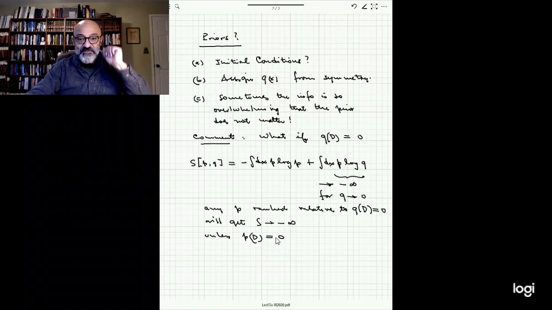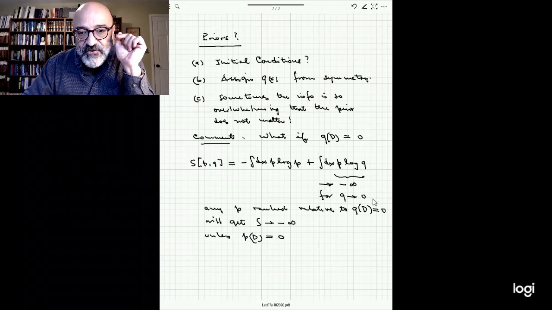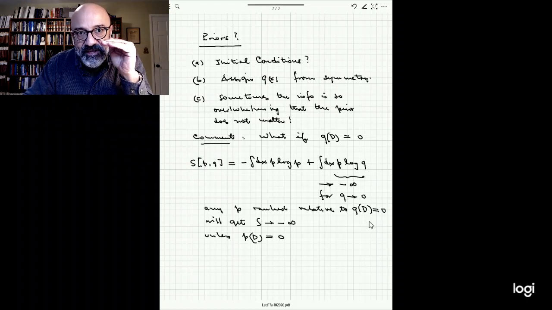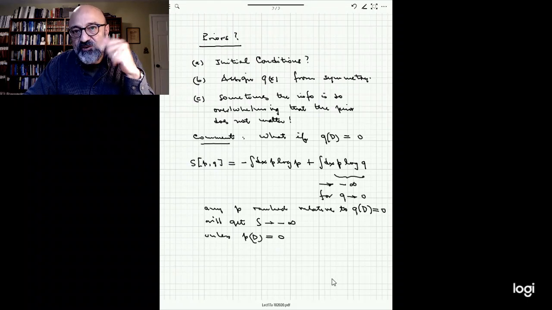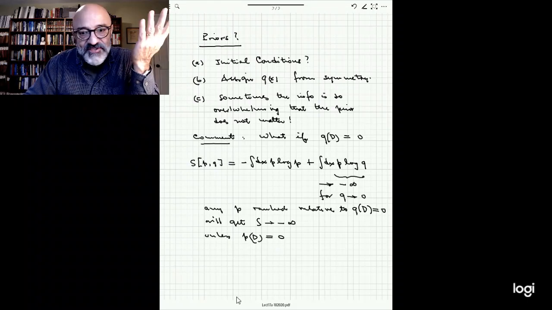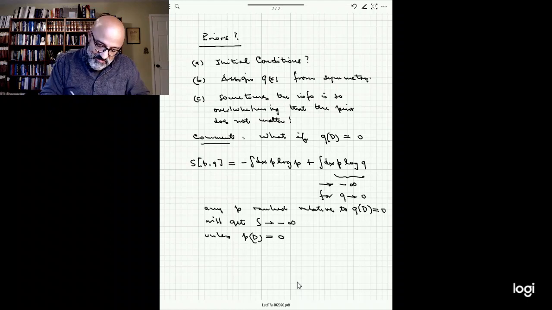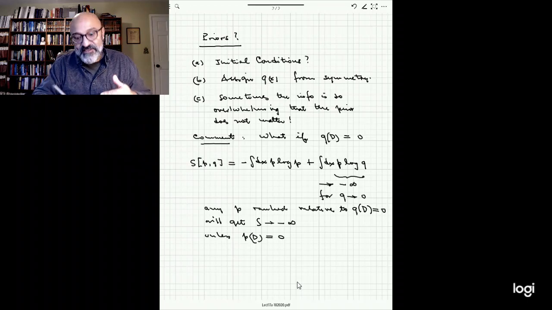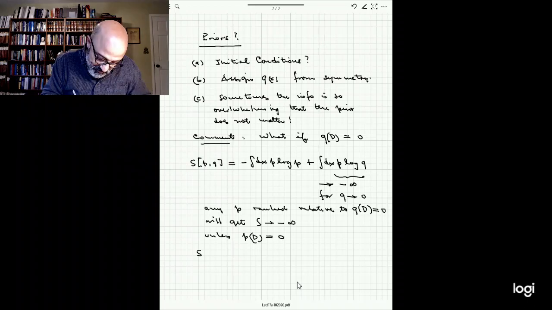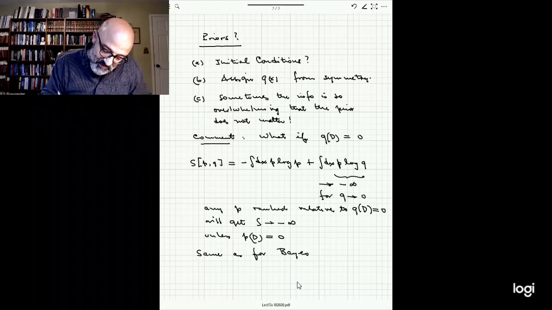Now, this is interesting because what it's telling you is that if you assign a prior of 0, you will not be able to update that prior to a posterior, no matter what constraints you put. This is the same issue that we had met back in the very beginning of the course when we discussed Bayes' theorem, Bayesian updating, remember how that worked?